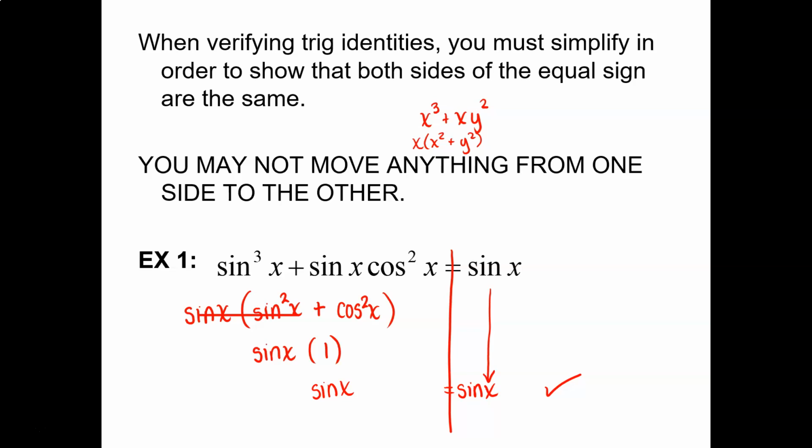It's not correct yet. Now, let me emphasize a few things about this. For these problems, showing your work is going to be important because you should already know the answer, right? Sine x should equal sine x here. So if you don't show any work and you just go straight to the answer, then you have not shown me that you know why that is the case.